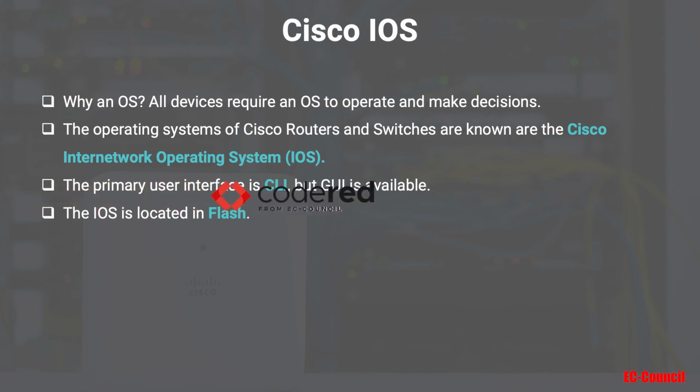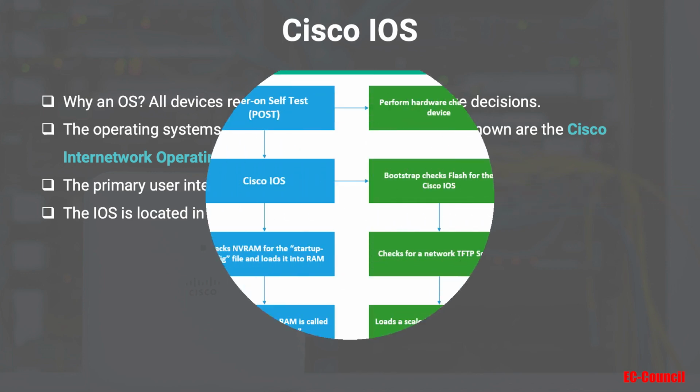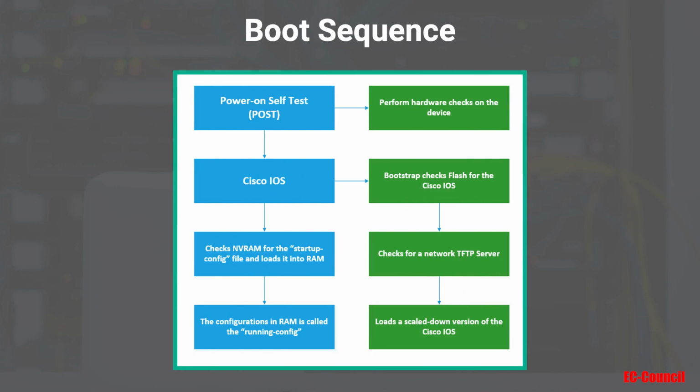Next, let us take a look at what happens when you power on a Cisco router or a Cisco switch. This here is the boot sequence for the Cisco router or the Cisco switch. The first thing that happens is a power on self-test, or POST. The purpose of running a POST is to perform hardware checks on the device to ensure that there's no sort of issues that may prevent the operating system from loading and the device functioning properly.